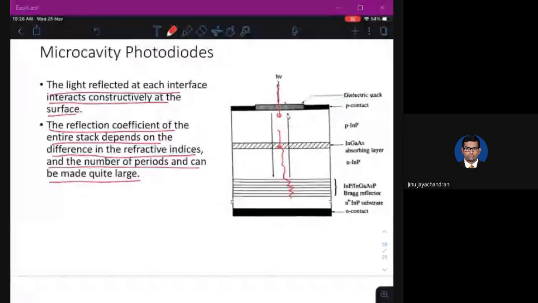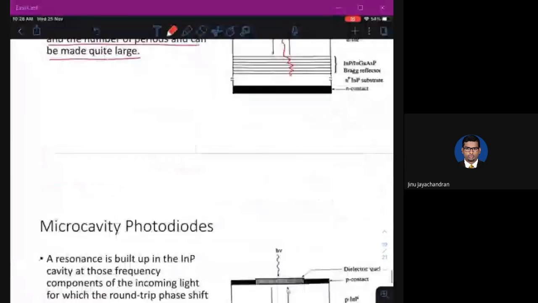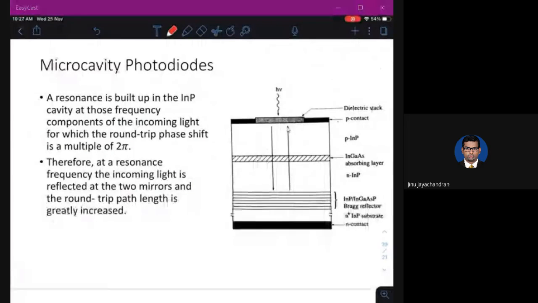So the light which is coming here will travel back and forth, and only that light which has constructive interference between the forward traveling and backward traveling light can survive in this cavity. The light which survives in this cavity will produce something called resonance, which means there will be a huge gain.